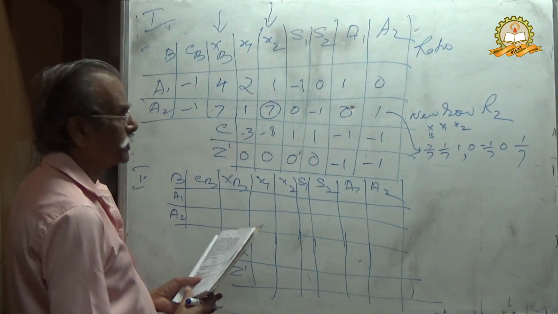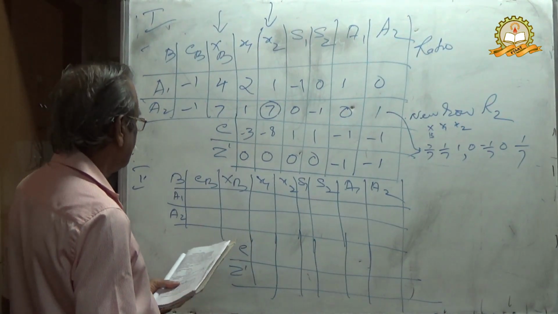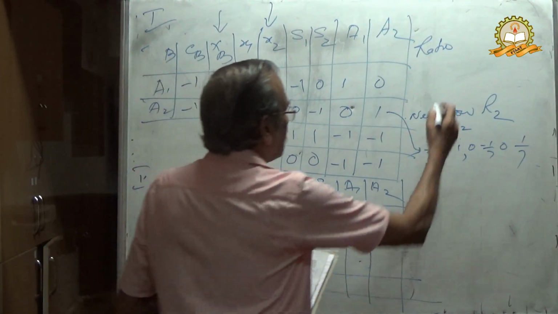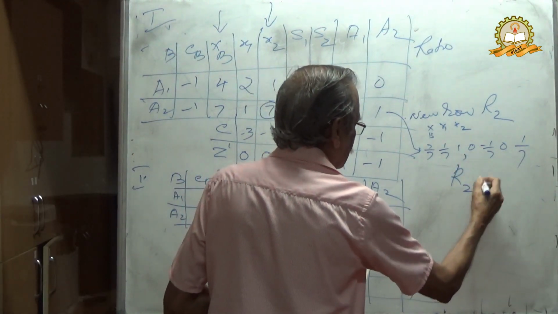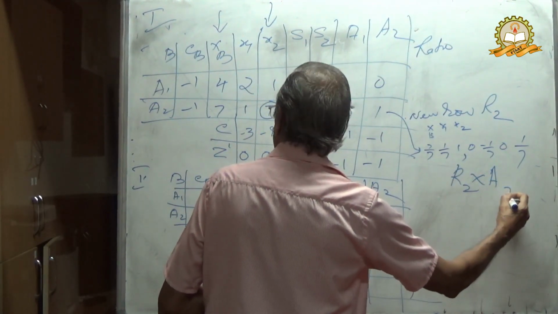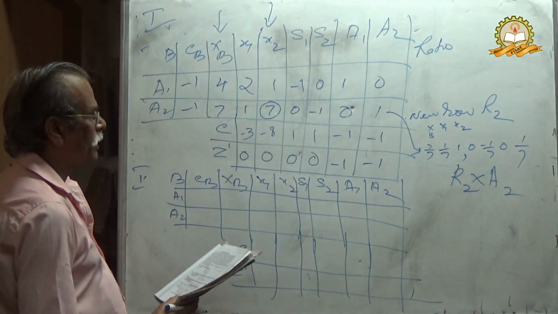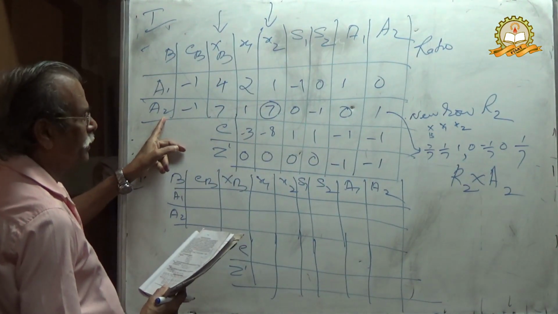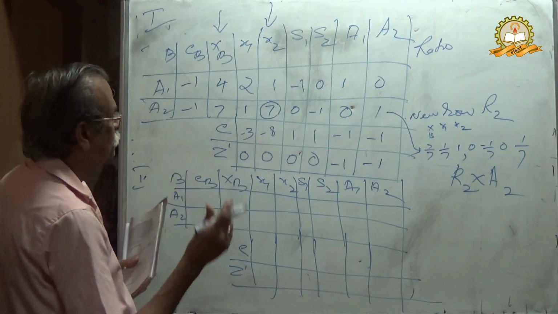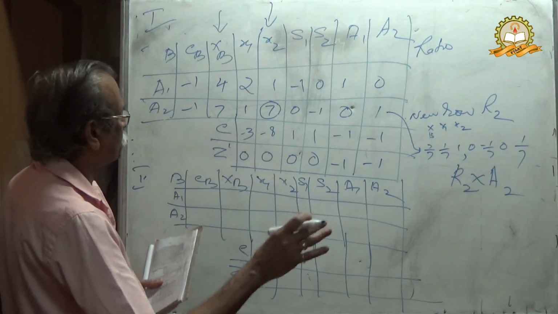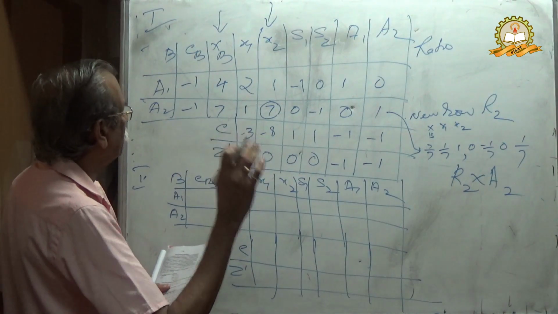Now you can note here that row R2 intersects with A2.